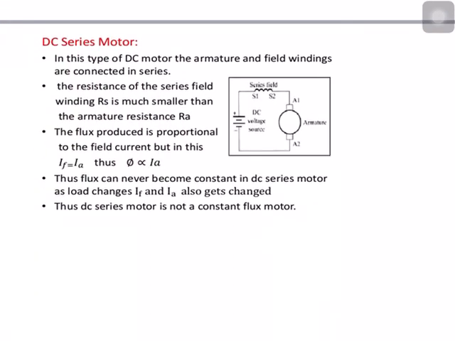Next, let us move to the DC series motor. In a DC series motor, we already know that the field and armature are both connected in series.